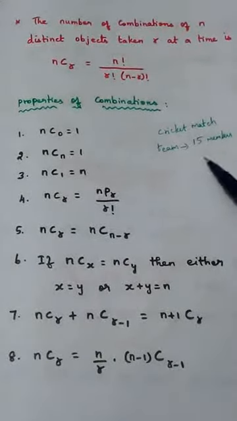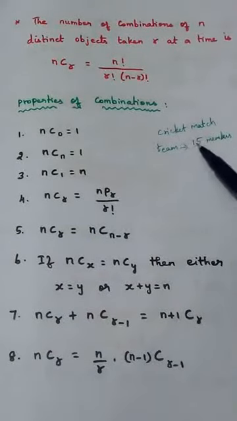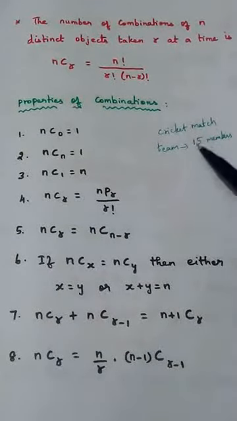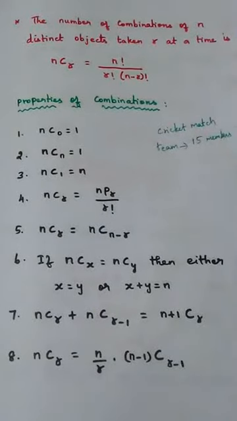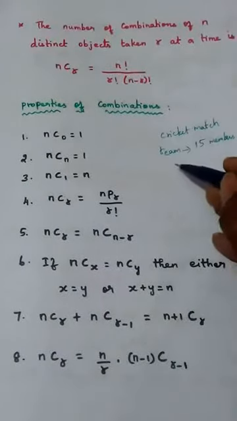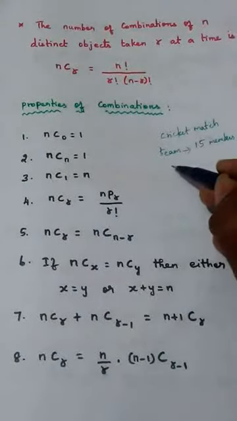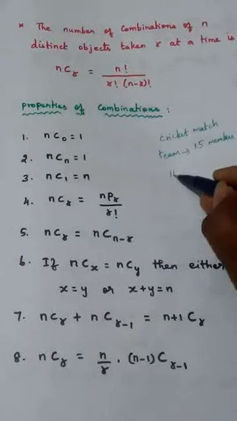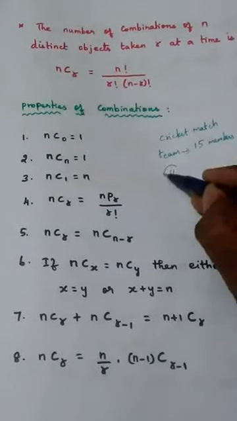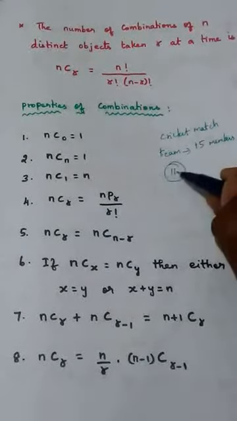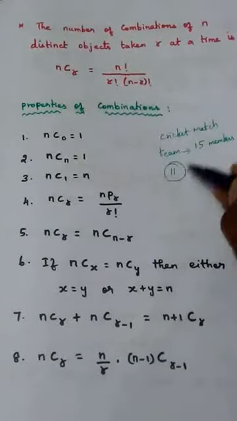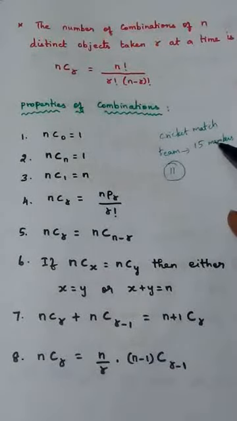You know very well, 15 members means it is a squad. All these 15 members will not play the match. In a cricket match, 11 players will play. For example, suppose a team of 11 members is selected from this 15 member squad.